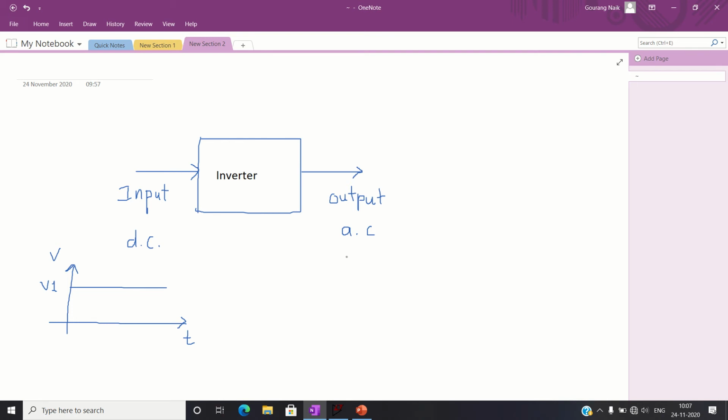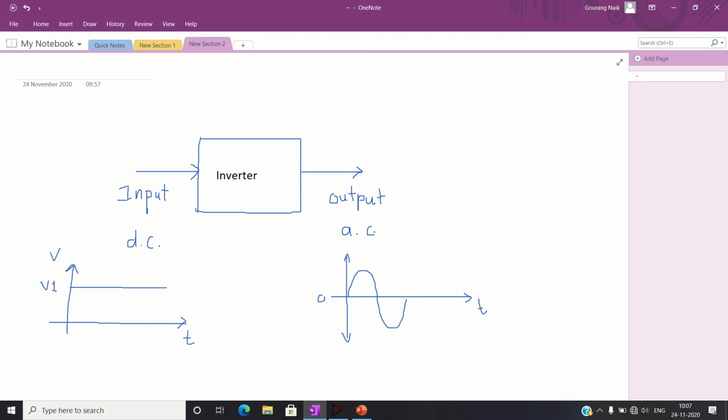Now when you say AC value, what is expected? What is expected is that with respect to your common point, let us say this is my 0 reference, when you say AC value, the first thing that you understand is a sinusoid signal.